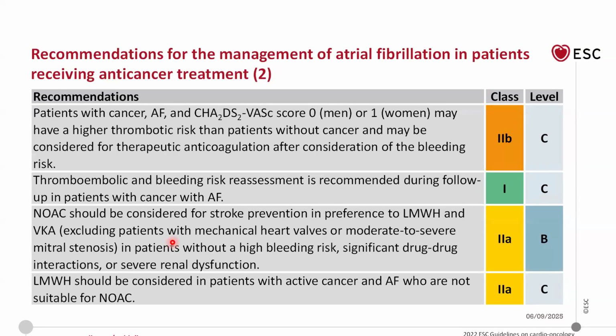Patients with cancer and atrial fibrillation and a CHA2DS2-VASc score of 0 may have a higher thrombotic risk than patients without cancer, and these patients may be considered for therapeutic anticoagulation after consideration of their bleeding risk. This has a class 2B indication.